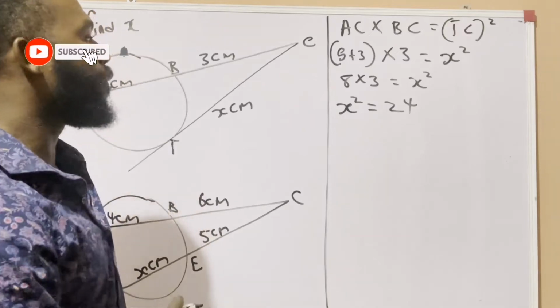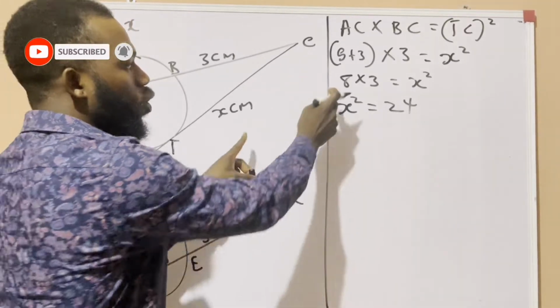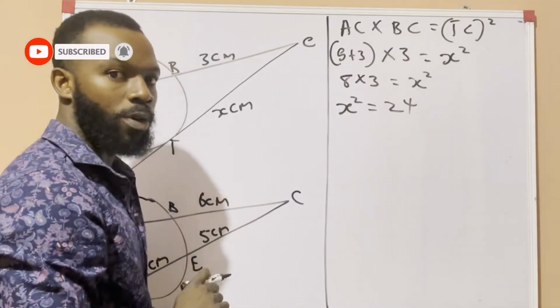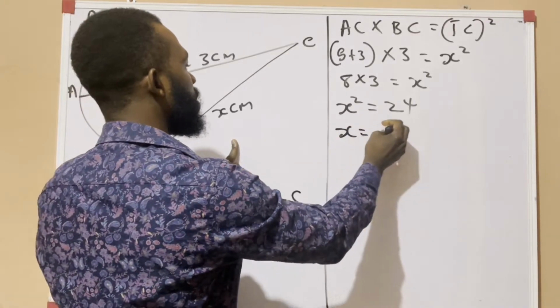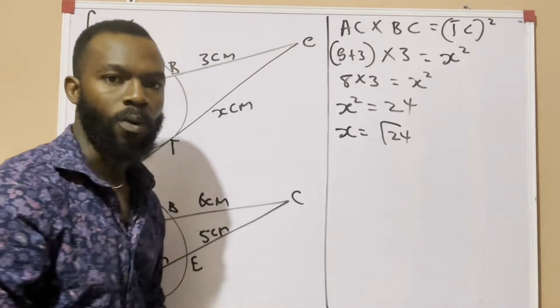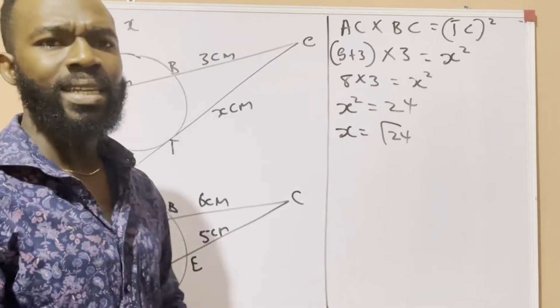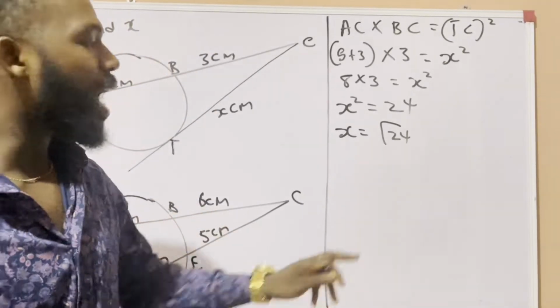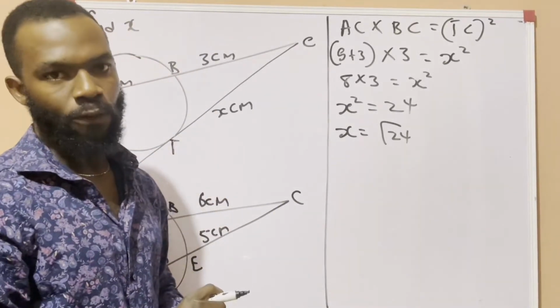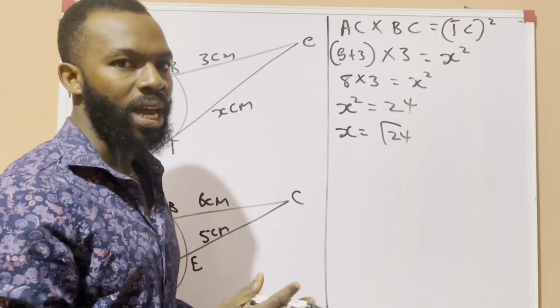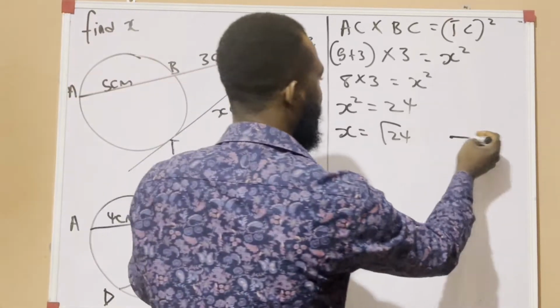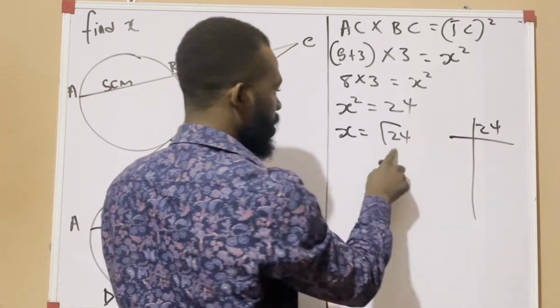Now for us to get the value of x, the square crosses the equality and becomes square root. So here it becomes x is equal to the square root of 24. And of course, if we should leave our answer in surd form, we are going to simplify root 24. Simplifying root 24, we can apply the LCM method, which is like this. 24.